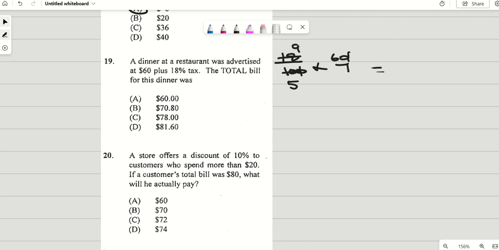Now, nothing else could go in. So 9 sixes are 54 divided by 5. So that's $10.80. That is the tax. So we are saying it's 60 plus 10.80, which is B. This question here is a repeated question as well, guys.